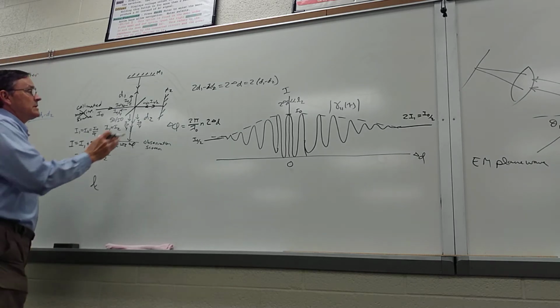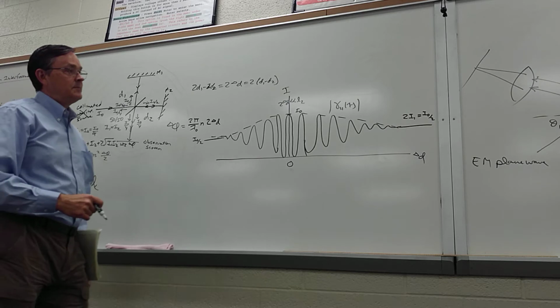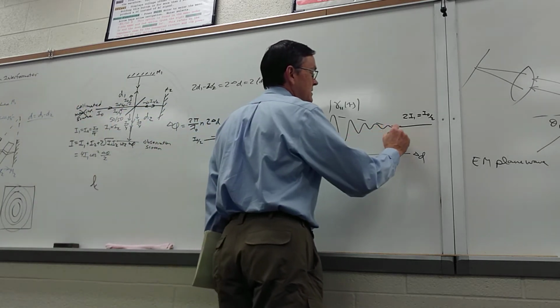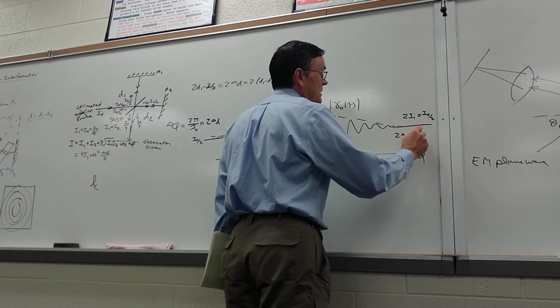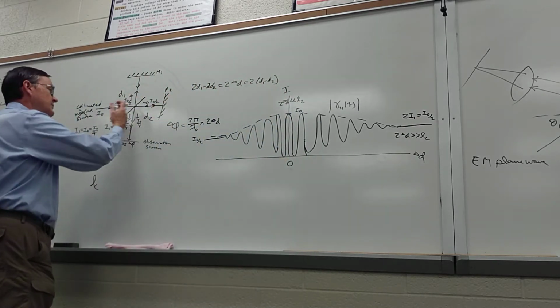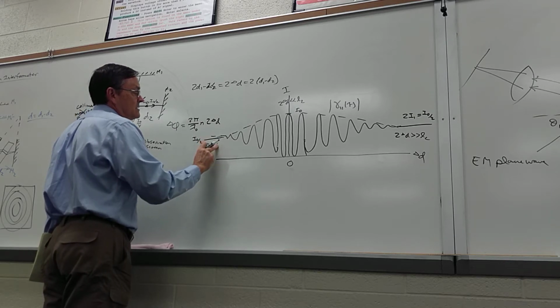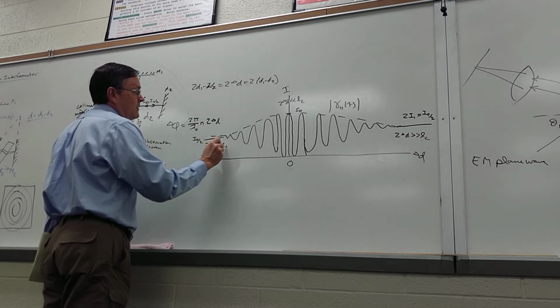And then as we move this guy way out, we're over here where 2 delta D is much bigger than LC. Or we move it way in, 2 delta D is much bigger than LC.